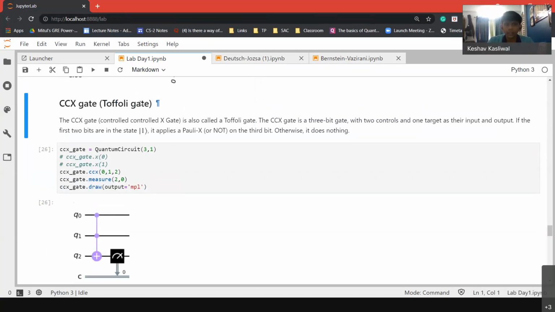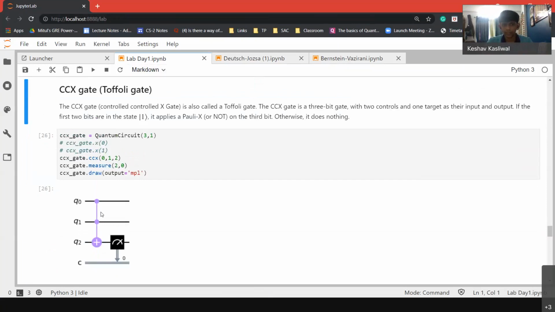So let's say we have the CCX gate over here. As you can see from the diagrammatic representation, there are two control qubits and a third target qubit.